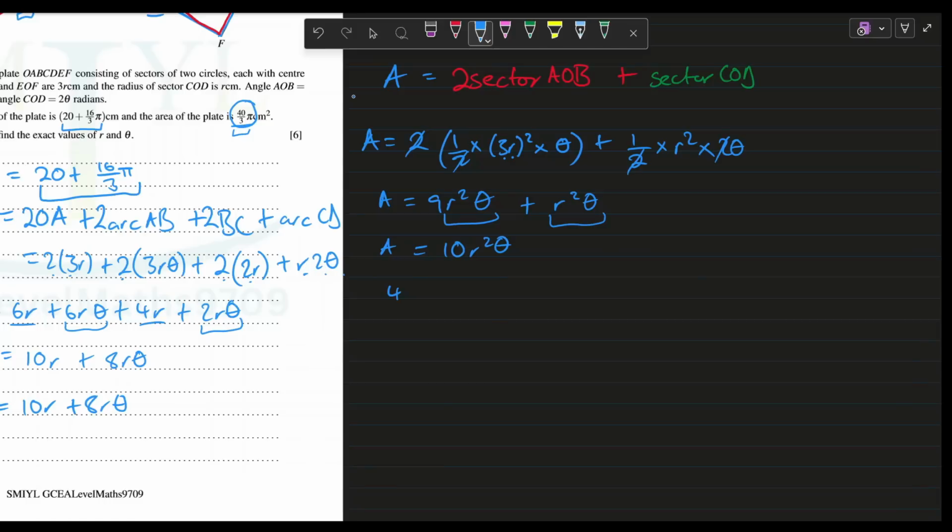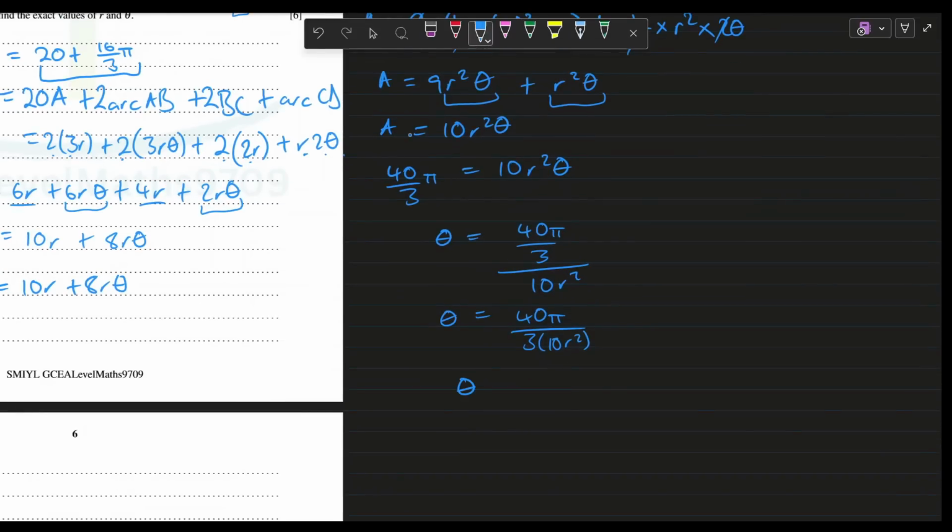So that's 40 over 3 pi is equal to 10 r squared theta. So we can make theta the subject of the formula and say that theta is equal to 40 pi over 3, over 10 r squared, which we can write as 40 pi over 3 times 10 r squared, and we can simplify so that theta is equal to 4 pi over 3 r squared, because 40 over 10 would just be 4.